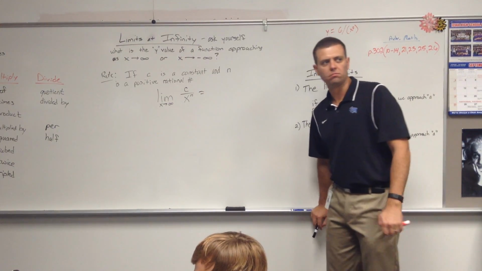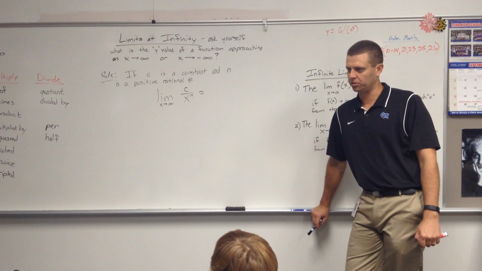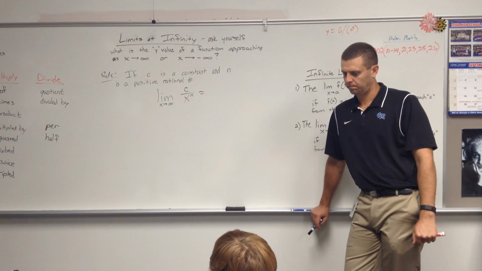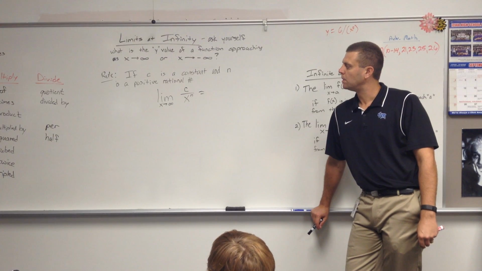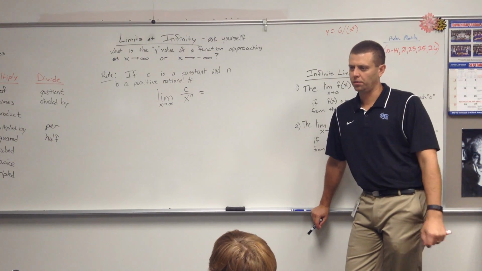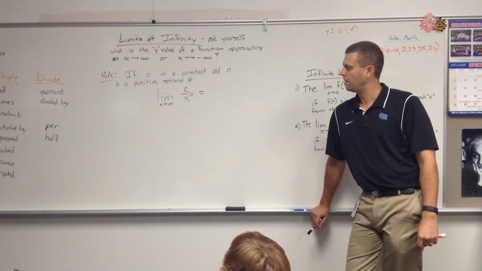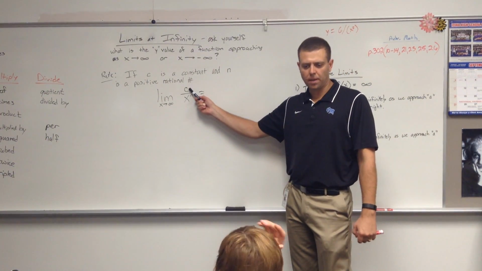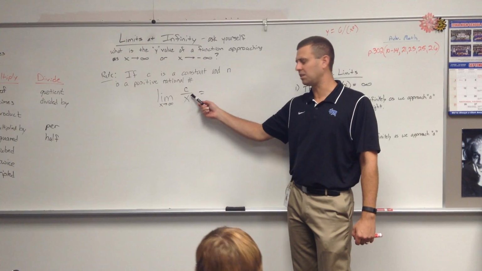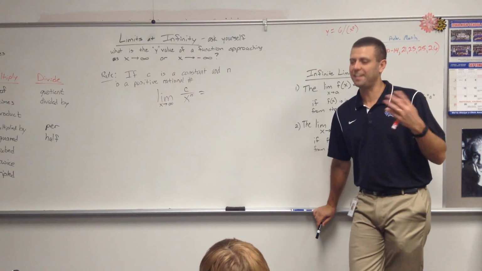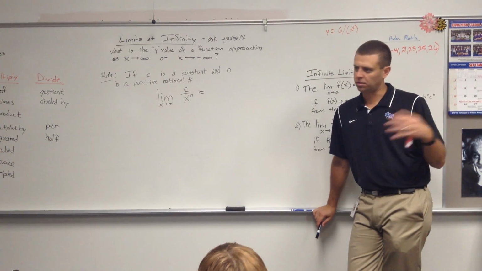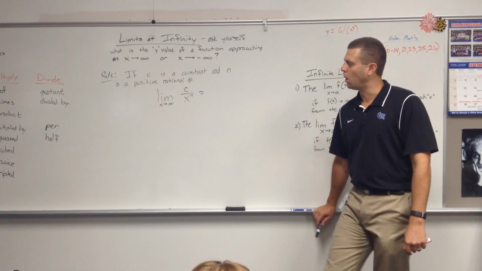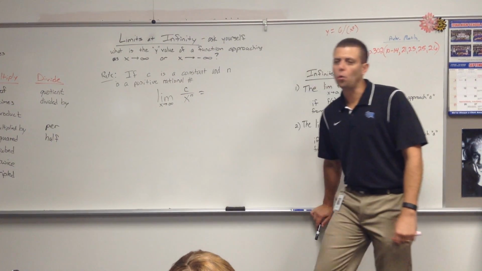Let's see if you can figure this out just with my variables here. C can be any constant in the world. If I have some number divided by x to the nth power, where n is some positive rational value, what will this limit always equal?